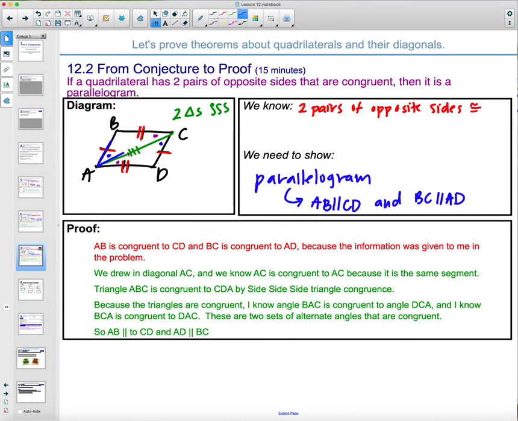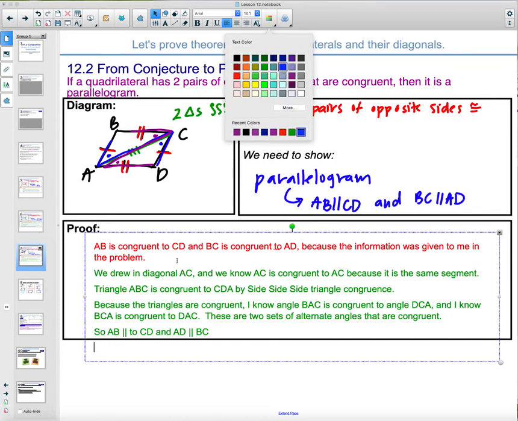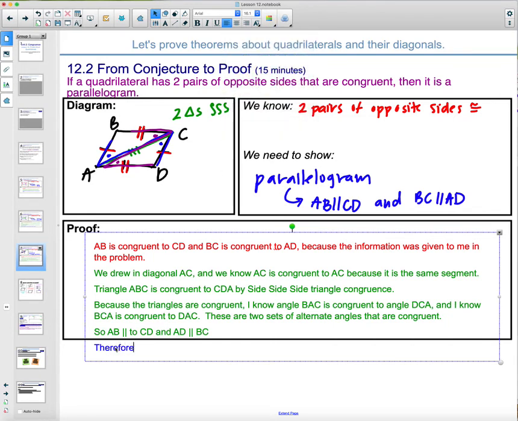This one with the blue one gave us AB parallel to CD. And then this purple one gave us BC parallel to AD. So now both pairs of lines are parallel, so that proves it's a parallelogram. Therefore, since both pairs of opposite sides are parallel, ABCD is a parallelogram.